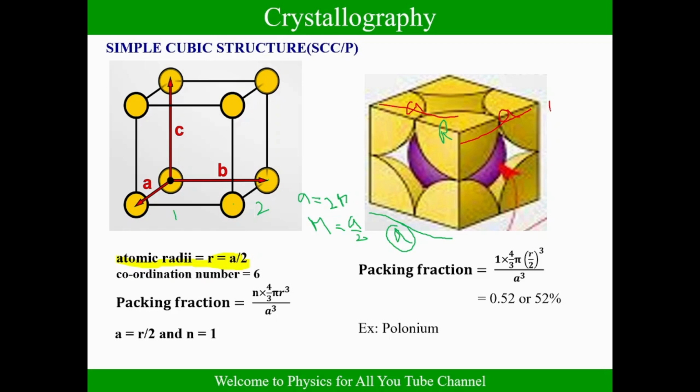Number 1 is completed. Similarly, the same reference atom is nearer to the second atom, and this atom is nearer to the third corner atom, number 3. So first atom, second atom, third atom in the above. Now the distance between these two is also similar. This is equal to 1, 2, 3, 4.